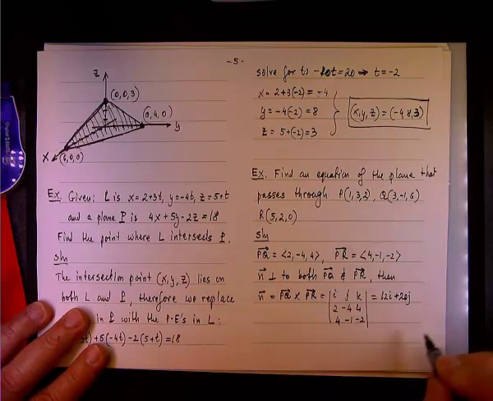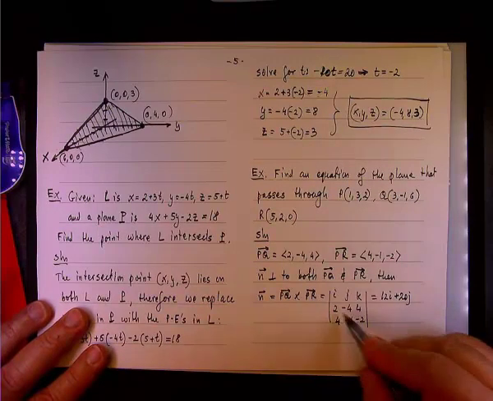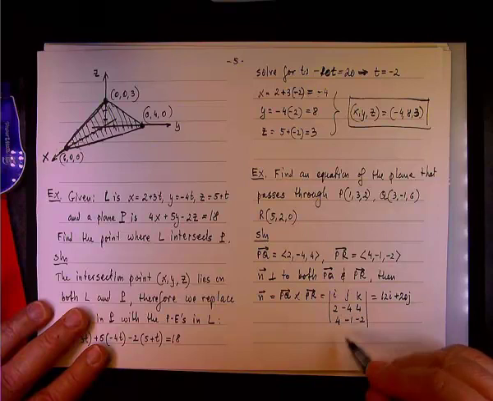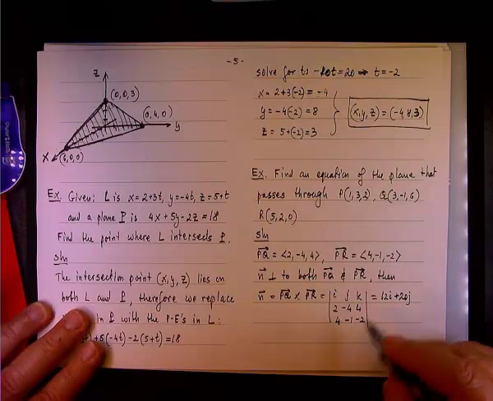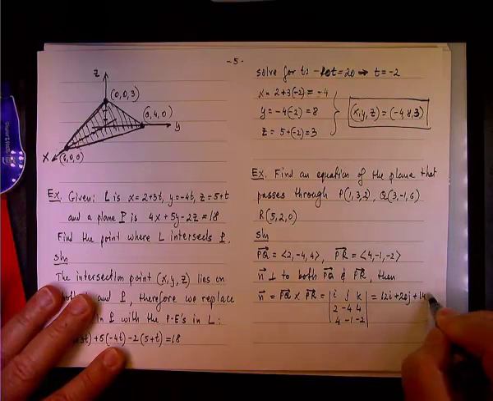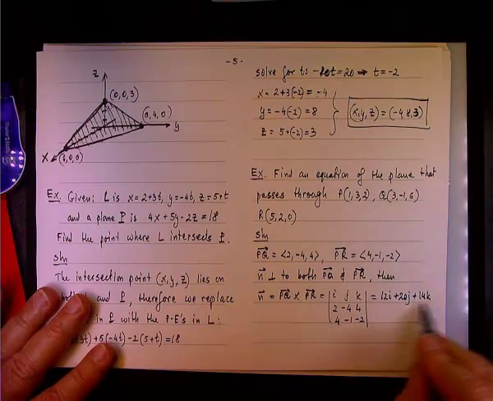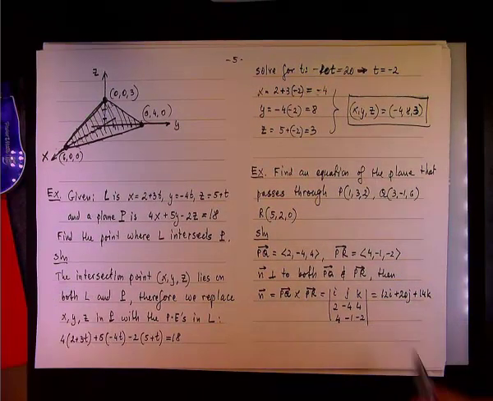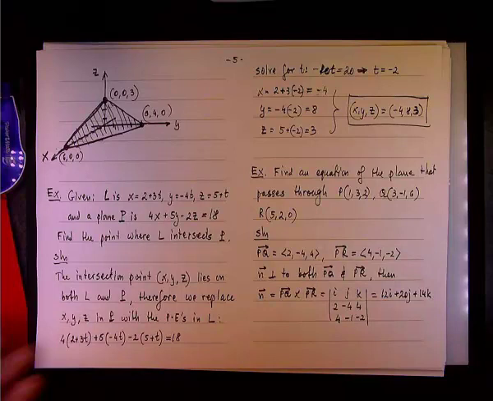And now, what is the result? Well, the i component: negative 4 times negative 2 is 8, minus negative 4, so 8 plus 4 is 12i. Now, the j is negative, so instead of doing 2 times negative 2 minus 4 times 4, I'll do 4 times 4 minus 2 times negative 2.